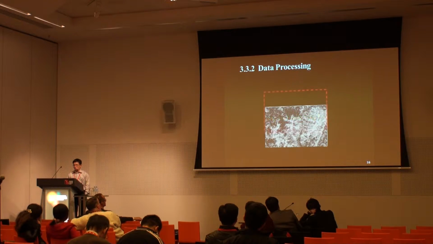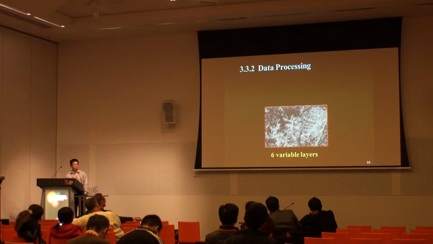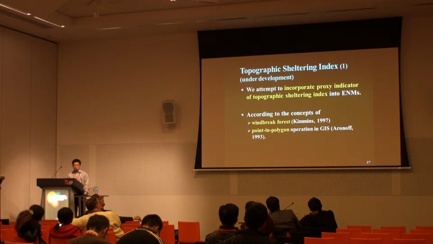Also, in the future, we are going to use the topographic sheltering. Although we don't use this variable in our study, we think this is the most important or key variable for our study in the future, so I'm going to introduce it. This variable's concept is according to windbreak forest, and the other one is the point in polygon.